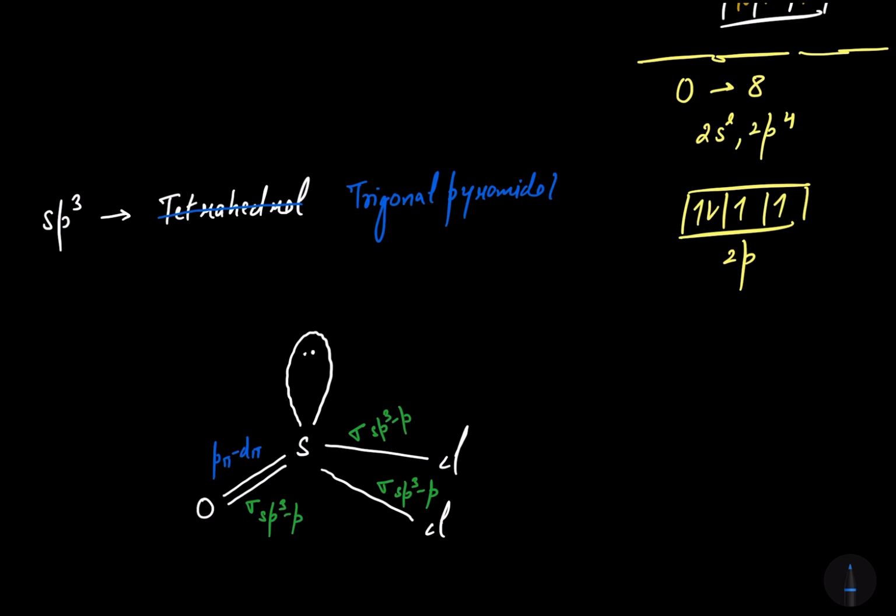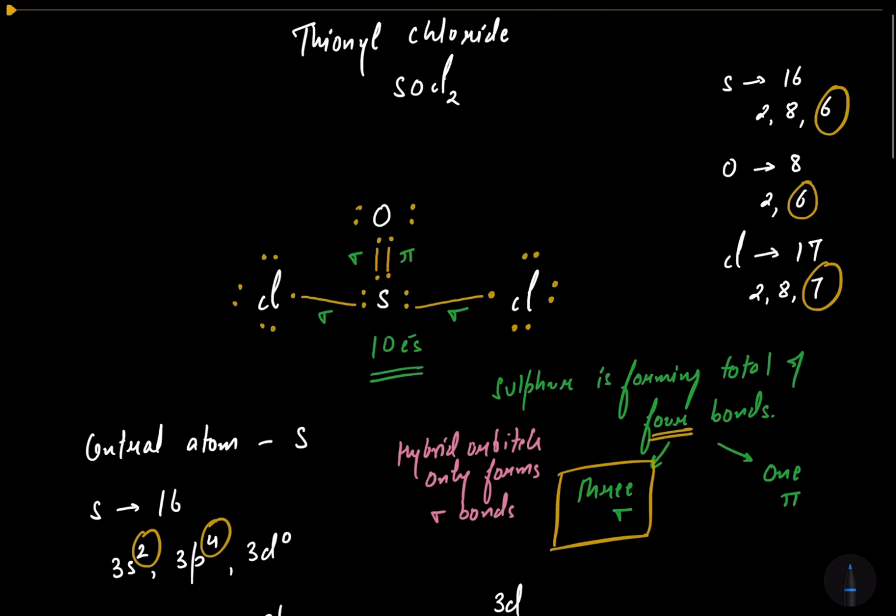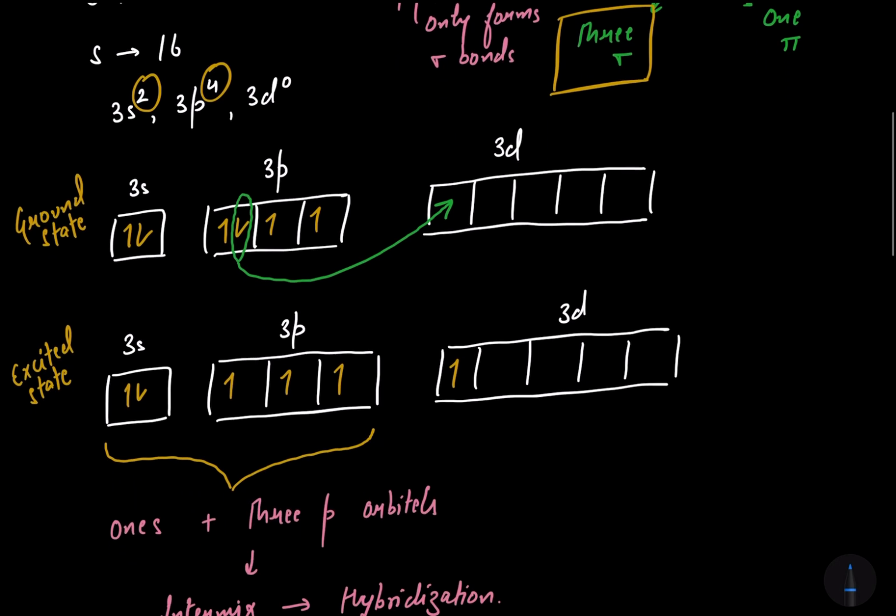Now, at last, let's talk about the energy points. Here, two types of energy are consumed. The one is energy consumed during the promotion of electron.